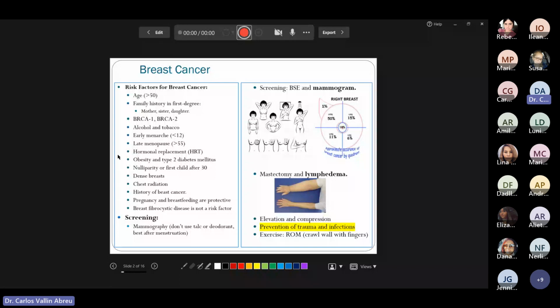A first degree relative means having a mother, sister, or daughter with breast cancer. So if we have woman X, and she has a mother, sister, or daughter with breast cancer, then this woman has increased risk of also developing breast cancer.